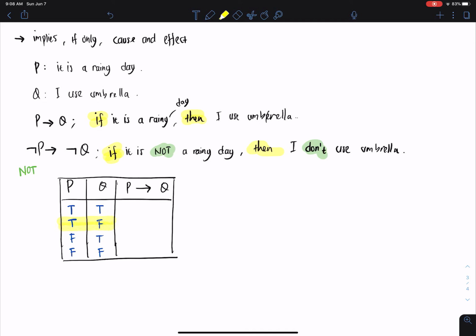So only if we have these situations, then the implies will be false. The rest, that will be true. Like that. So you can see, only in the situations the first statement is true and the second statement is false, then the implies will be false.